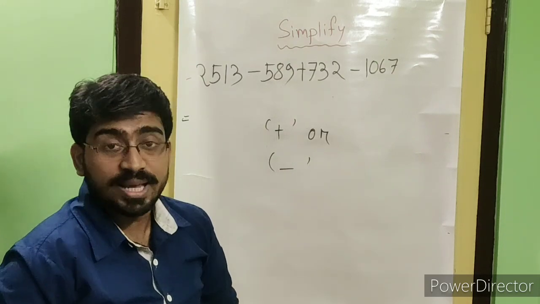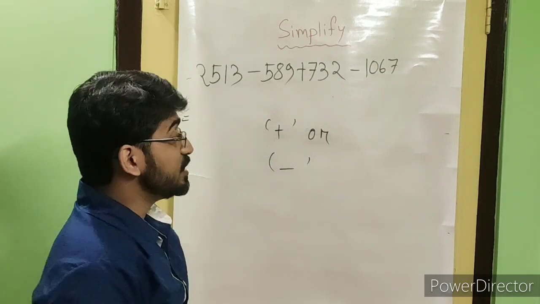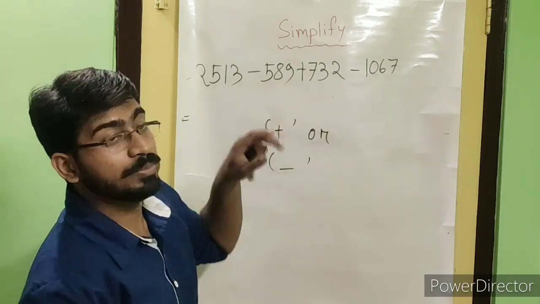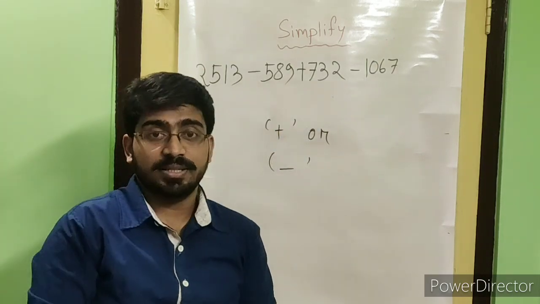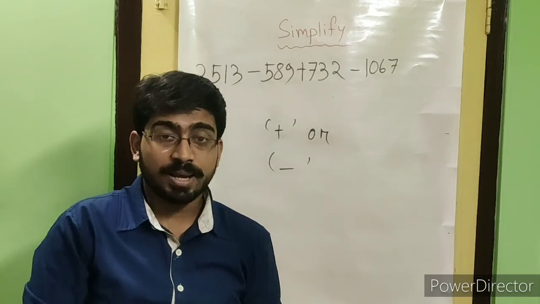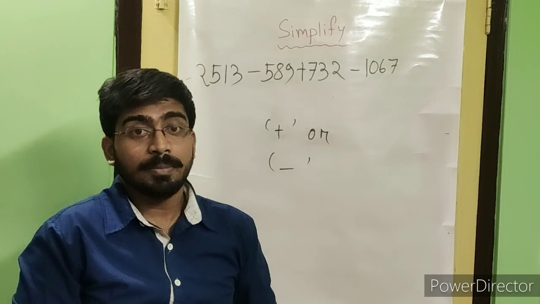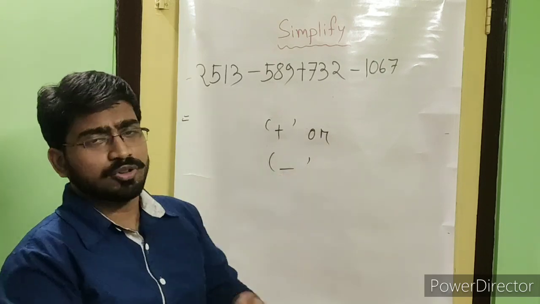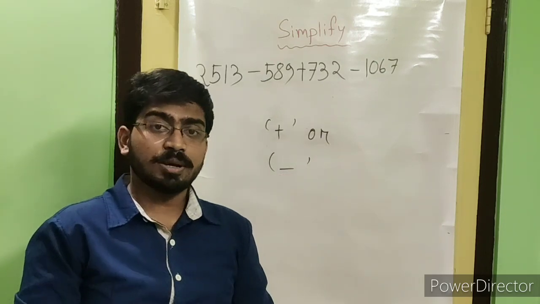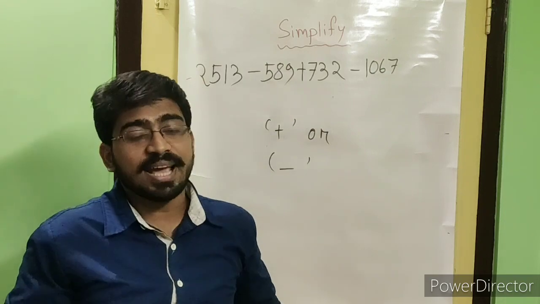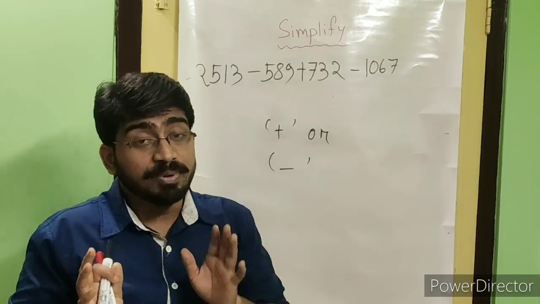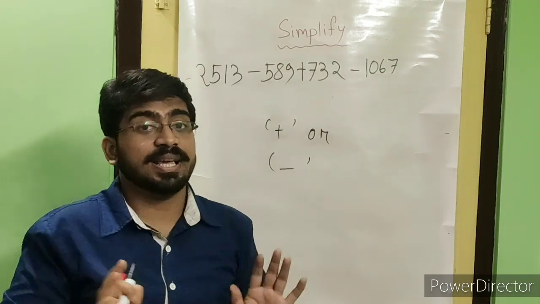So how can you say that plus will be there? But my friends, when minus will be there, it will be instructed, it will be given. But in case of plus, it may not be given. In case of this kind of maths or any kind of maths, those numbers which are not having any sign, that means before these numbers a plus sign is there.